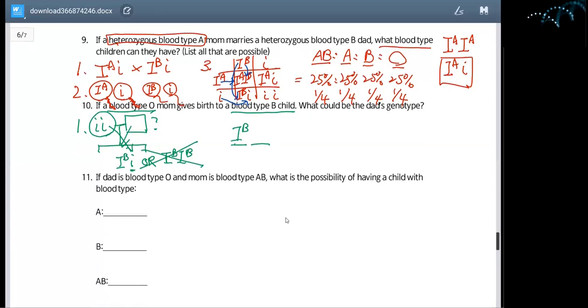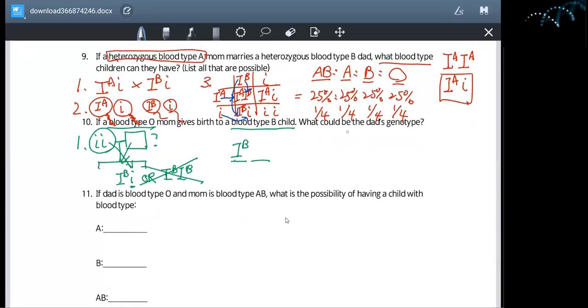So what does that mean for dad? Well, dad will have 2 alleles, but one has to be big IB. That's all I know, because that's how he gives it to the kid. So what could be his genotype? Well, he can be big IB, little i. Or he can be, remember, I always need a big IB, big IB, big IB. Or he can be big IB what? What's my last option?